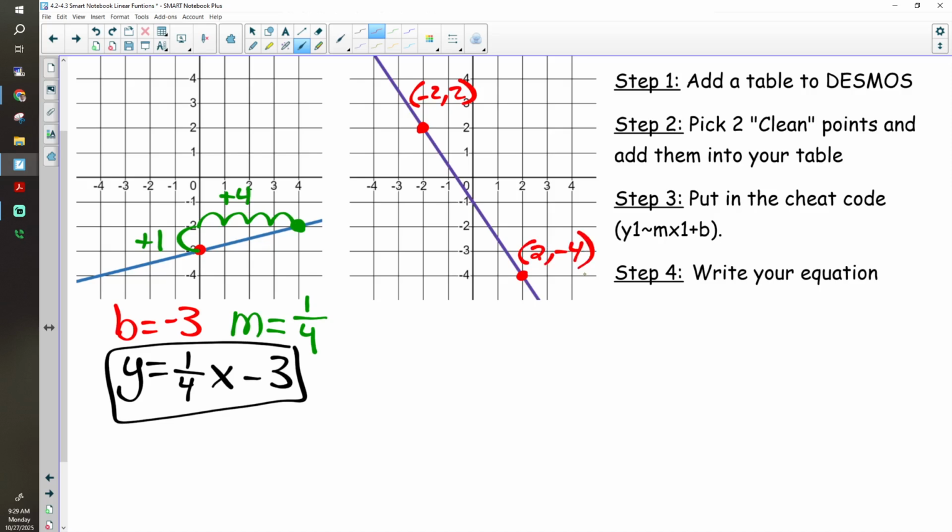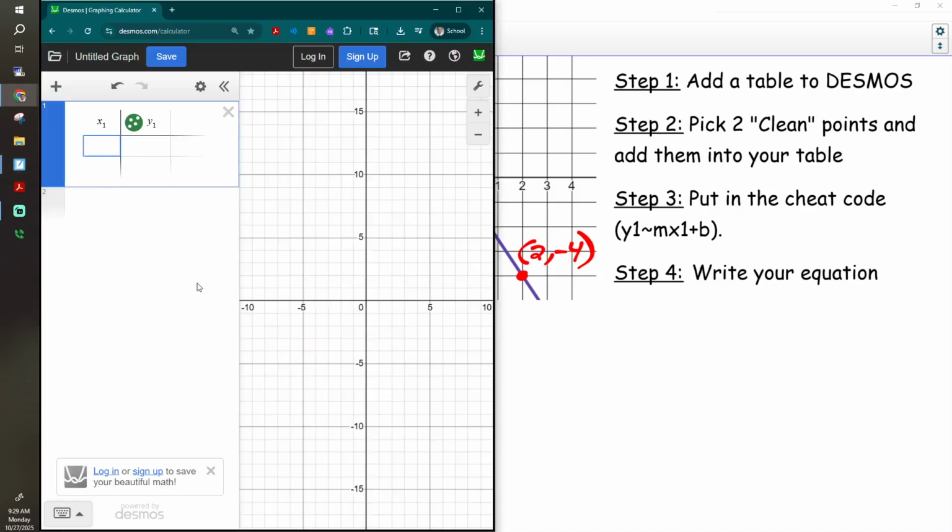Put the 2 points in Desmos: -2 and 2, and 2 and -4. I can see my 2 points popping up.